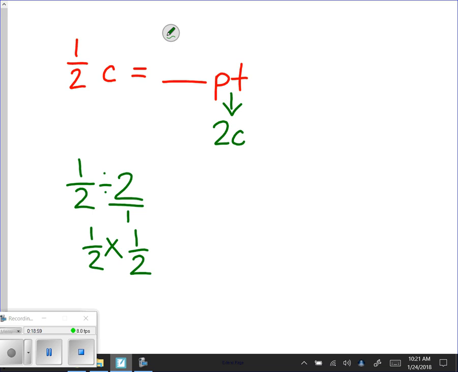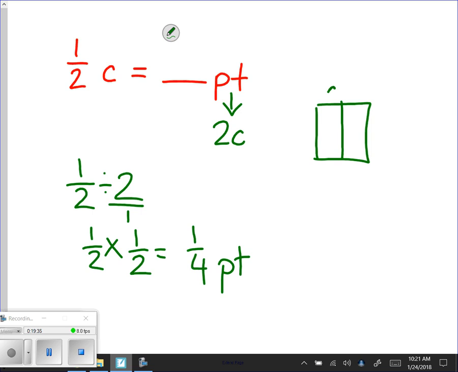So, if I only have half a cup, how much of a pint is that? How much is it? 1/4. It's 1/4 of a pint. And if you really think about it, it does make sense. It's kind of weird number-wise, but a pint is made up of 2 cups.